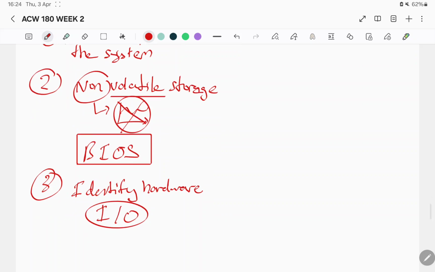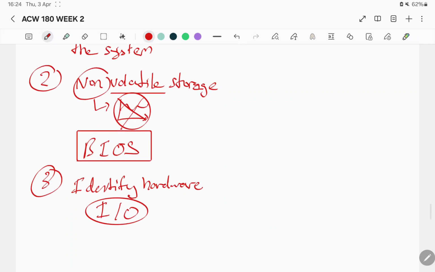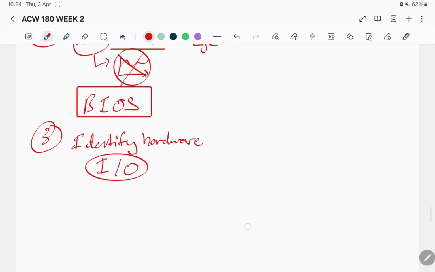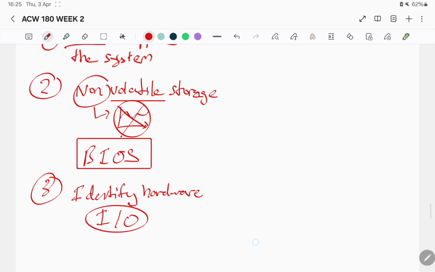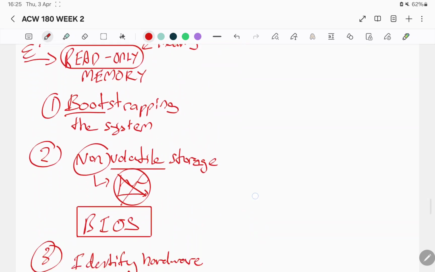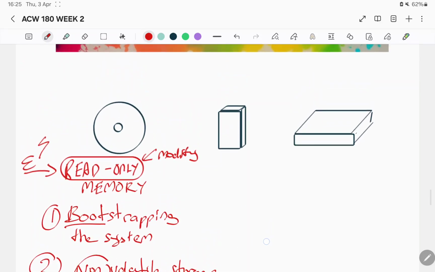So the question here is, is it important to have a ROM? Of course it's important because it will be the startup and function. Without it, the system would not know how to initiate the hardware. Basically it's like fixed instructions.